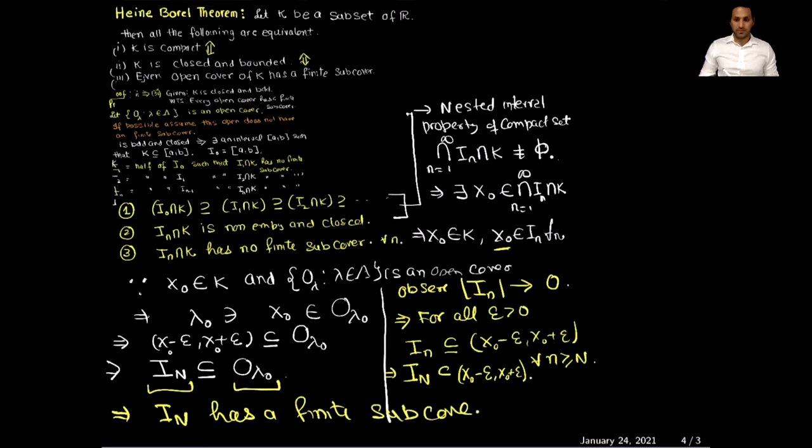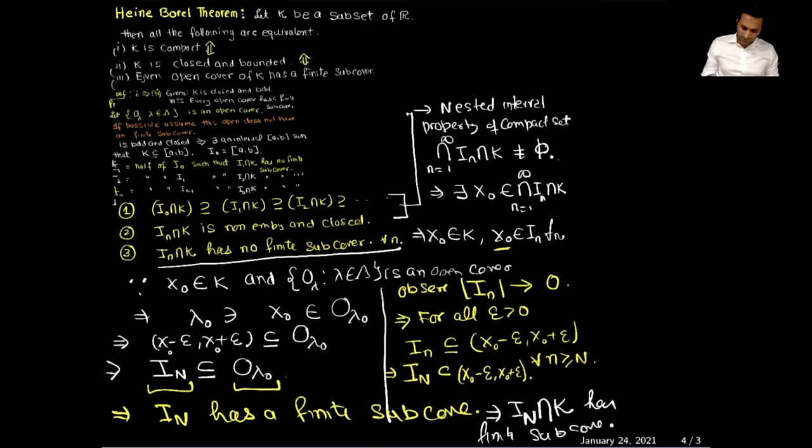If I capital N has a finite subcover, this is a contradiction to this fact, because if I take In intersection K, then this must not have a finite subcover. Therefore, this is a contradiction to fact number 3.